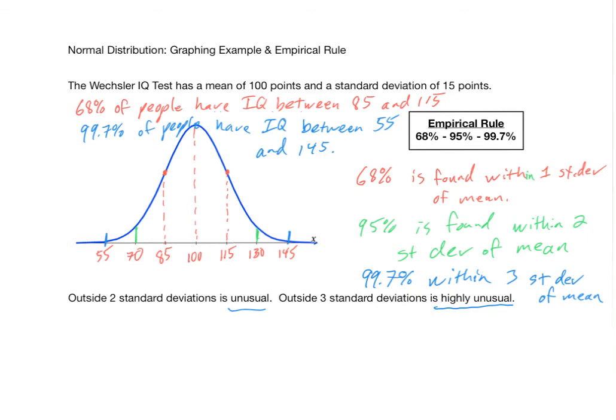It is highly unusual for someone to have an IQ above 145 or an IQ below 55. In fact, 145 is often roughly where people consider the genius cutoff. So above 3 standard deviations in IQ, you're talking about having potentially a genius level IQ. And there's very few people that fit that criteria.